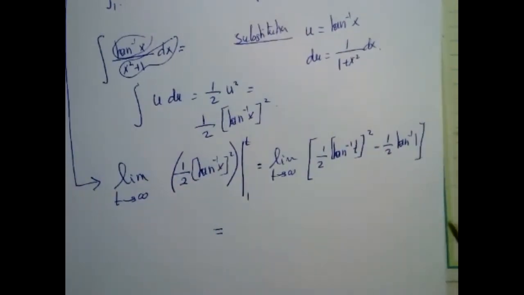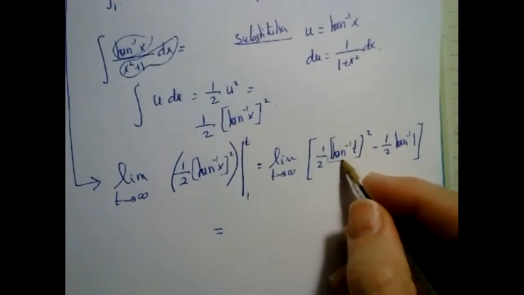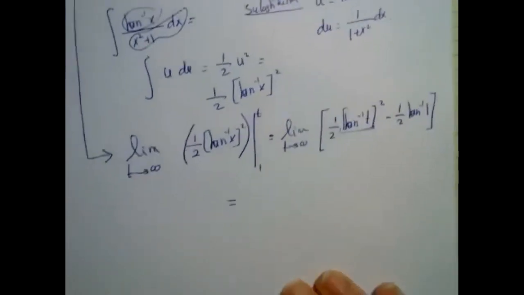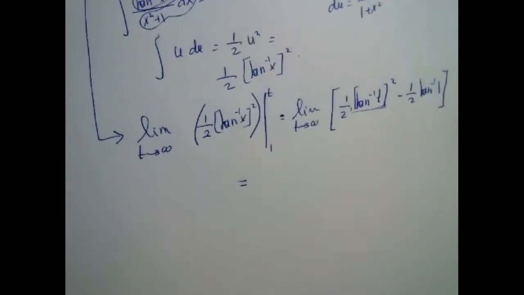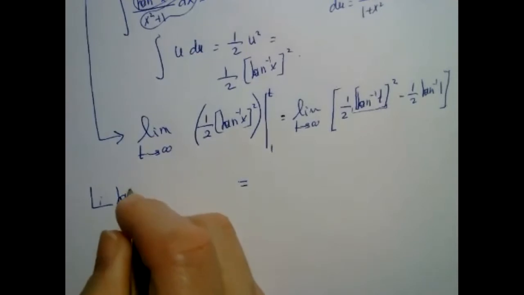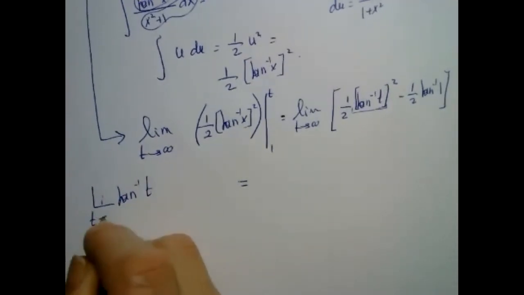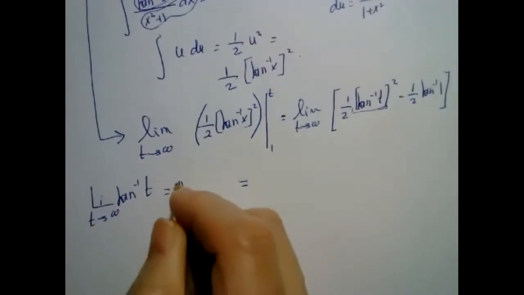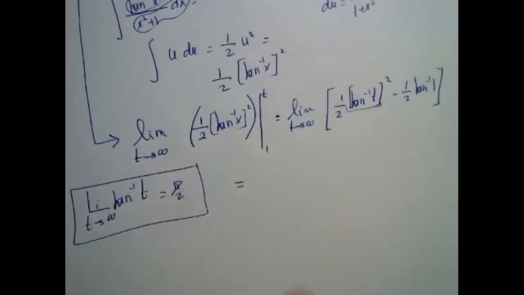All right, when t goes to infinity, when t becomes large, what happens to the tangent inverse of t? What's the end goal? Tangent inverse of t as t goes to infinity means: what is the angle whose tangent goes to infinity? This is pi over 2.